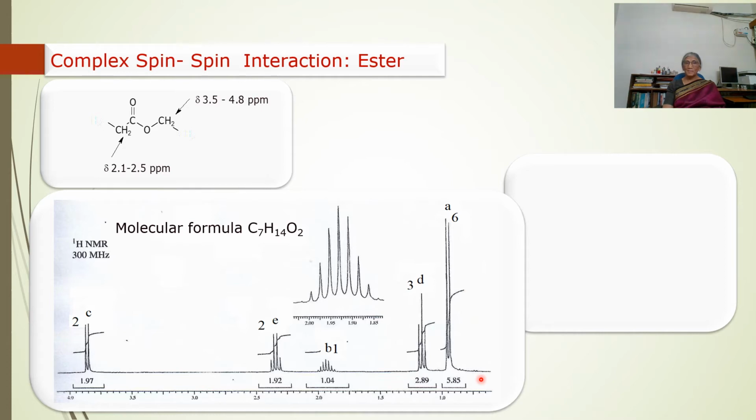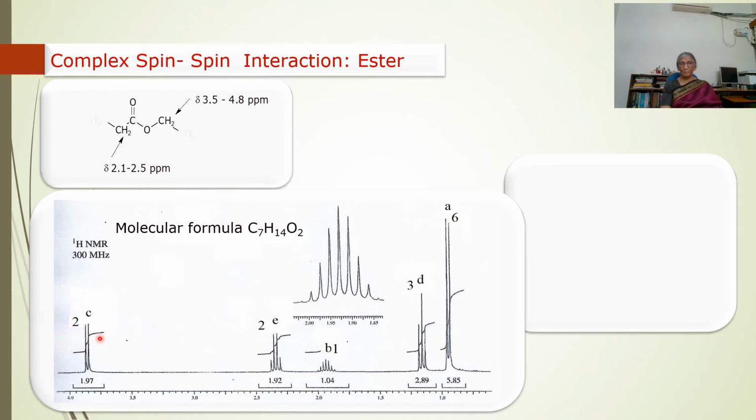So from the integral values, we can calculate that signal A is given by 6 equivalent protons, signal D by 3 equivalent protons, signal B by a single proton, signal E by 2 equivalent protons, and signal C by 2 equivalent protons.